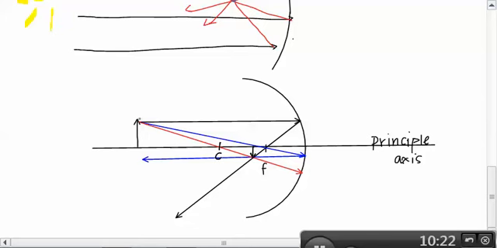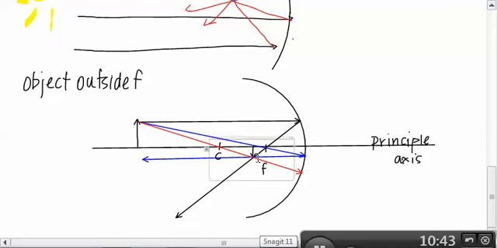Now, when your object is outside the focal point, that was when you were holding it at arm's length, how did you appear? Look at yourself again. How do you appear in that concave mirror? So then this image right here is what we call a real image, because it's actually formed there.